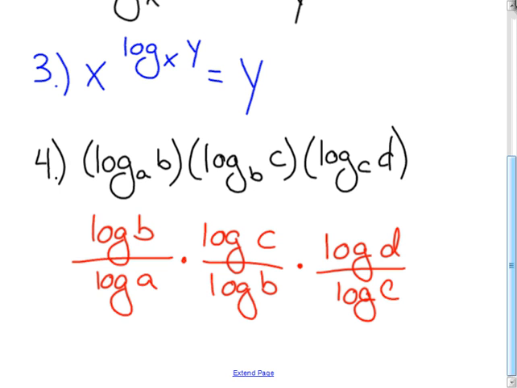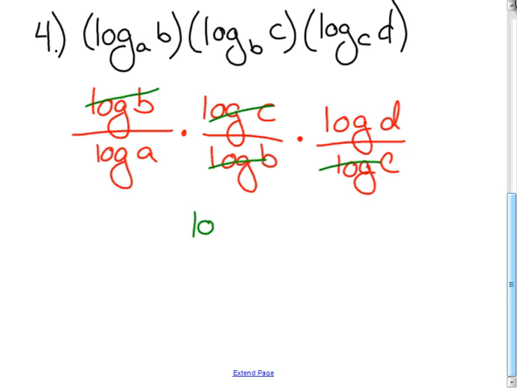Multiplication. Is there anything in the top and the bottoms of these fractions that directly simplify? Yeah? Log b? Log c? What's left? Log of d is on top over log of a is on the bottom.